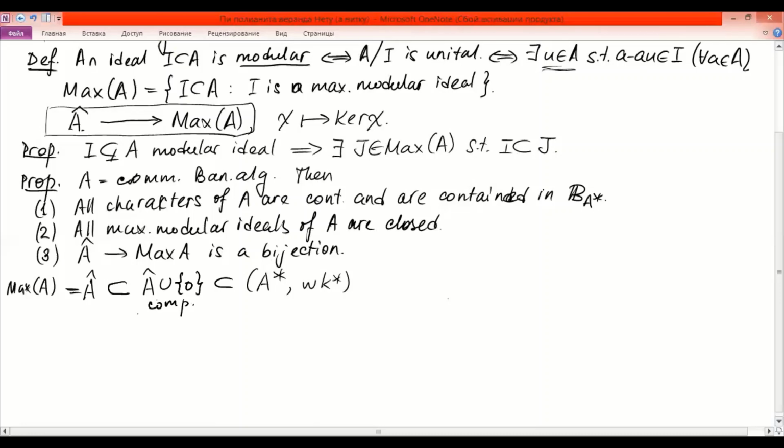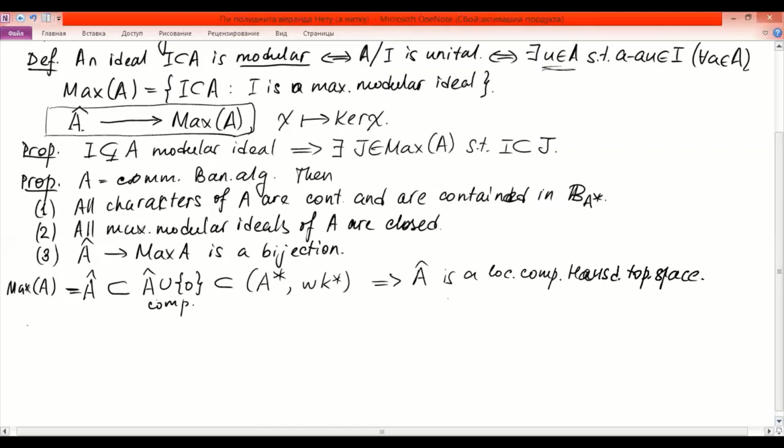So this chain of inclusions implies that A hat is a locally compact Hausdorff topological space. And in general, it is not compact.